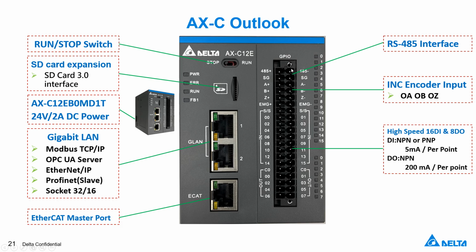It doesn't support the absolute encoder input, meaning you cannot connect an absolute encoder. This terminal is only designed for RS-485, and here it can support the incremental encoder input. For the built-in, it supports 16 DI and 8 DO.